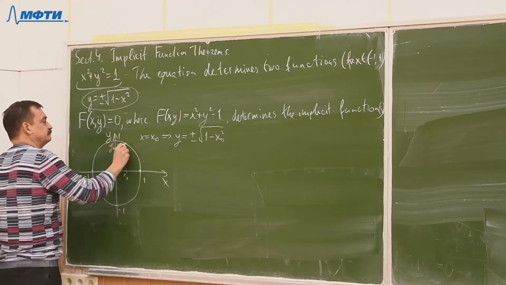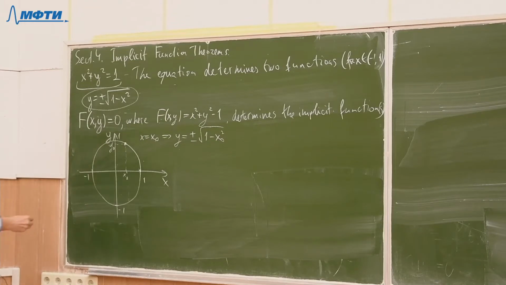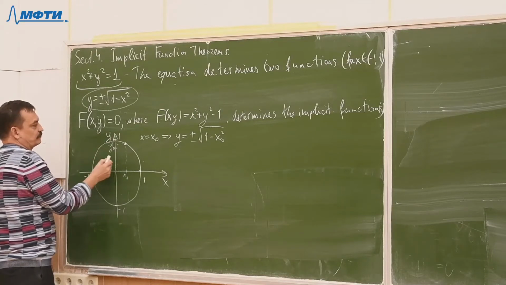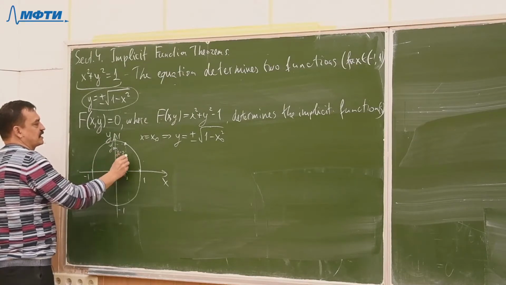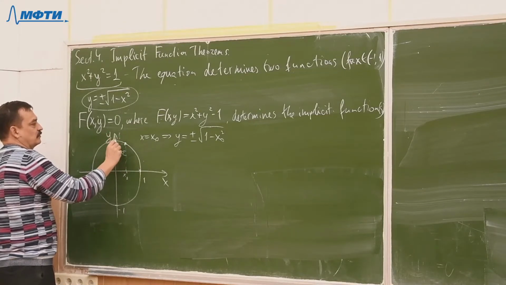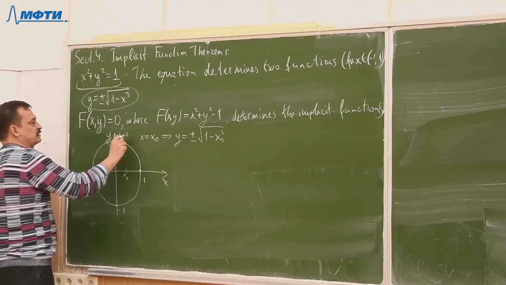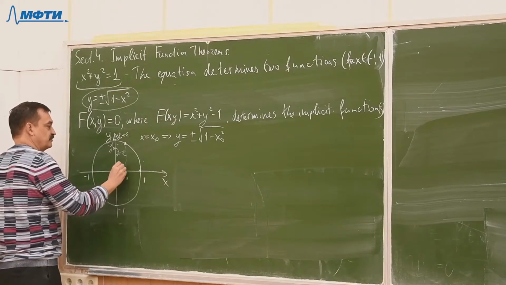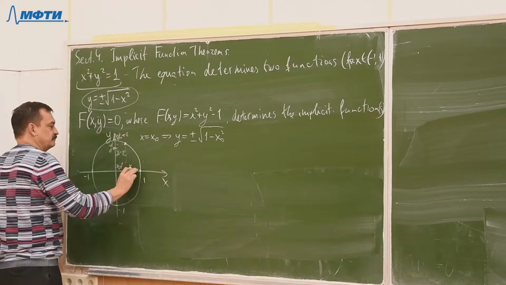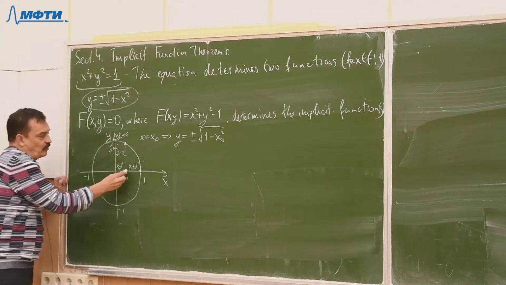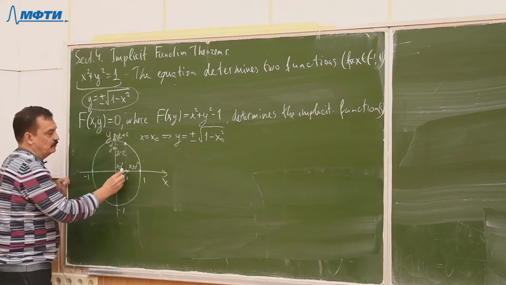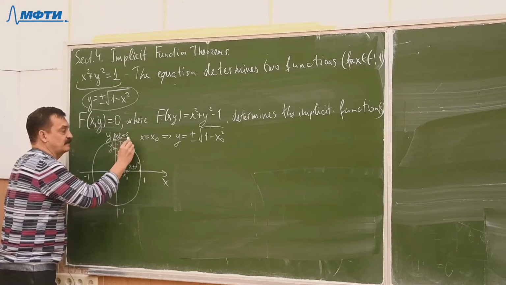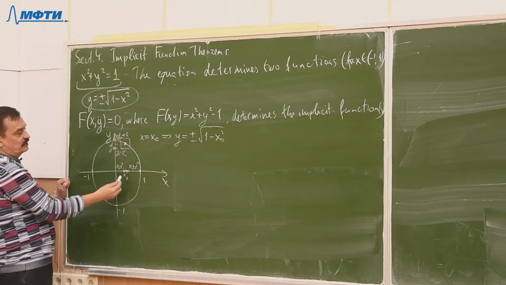then for arbitrary sufficiently small epsilon, so if that is y0 minus epsilon, and here y0 plus epsilon, we can find delta, again sufficiently small, such that for all x's here we can define uniquely a function inside this rectangle.